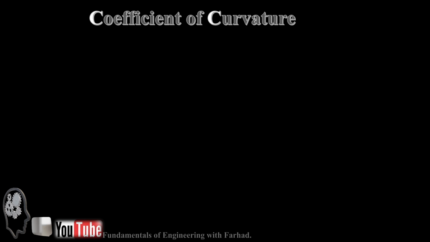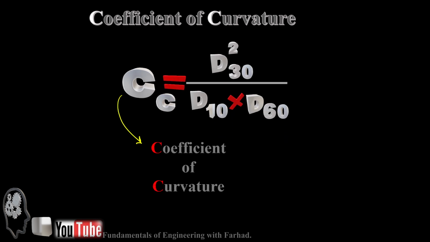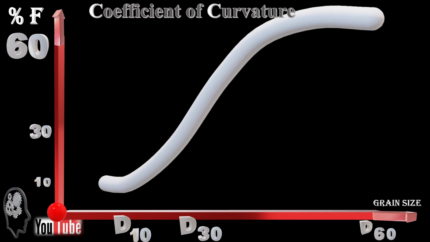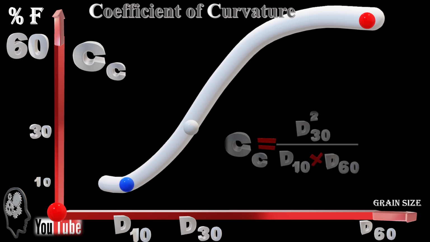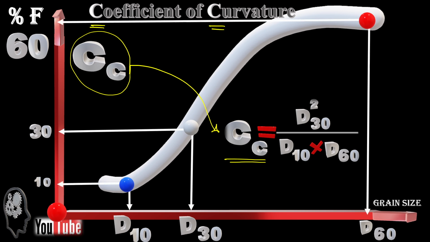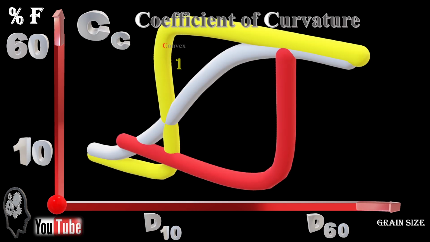The other coefficient is the coefficient of curvature, C sub c, and the formula for that is D30 squared over D10 times D60. Again, if we have our normal sample, which is an extended S shape, we can easily see that our C sub C, which stands for the coefficient of curvature, is the ratio of D30 squared over D10 times D60. Now assume that we have two other samples.